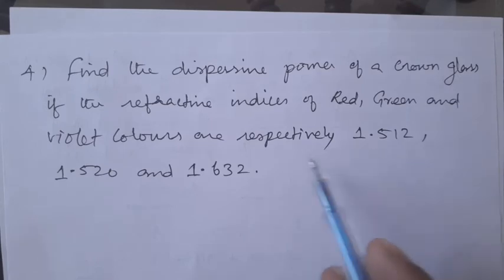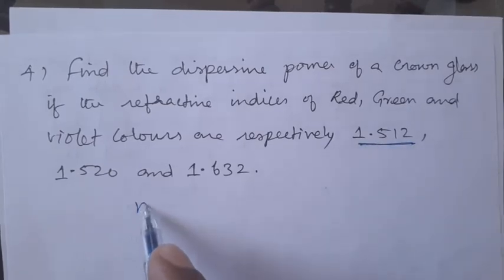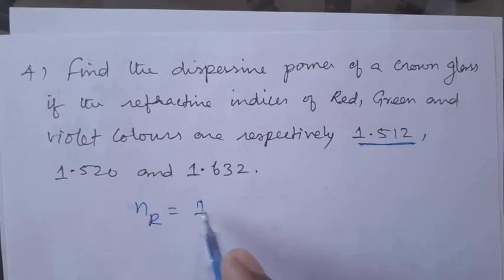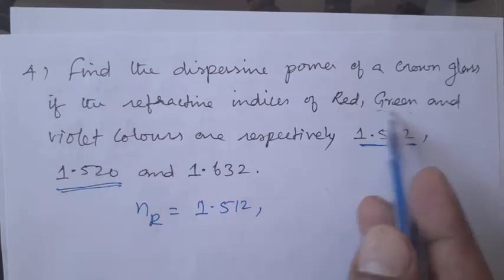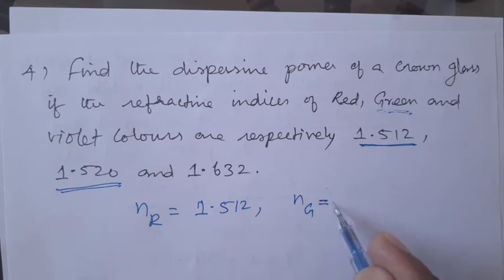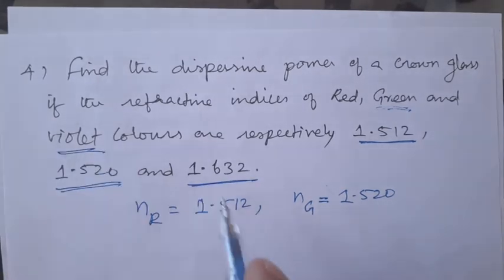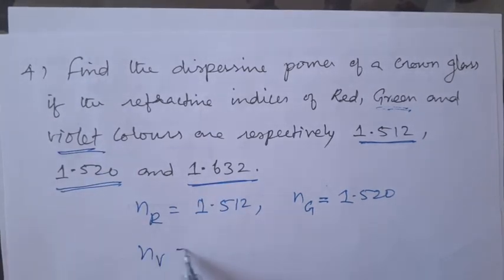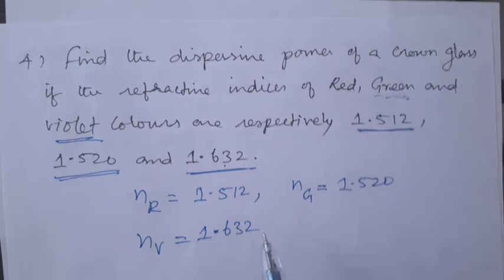That means the refractive index of red color is NR equal to 1.512, the second color is green, n of green, the mean color, is 1.520, and the refractive index of violet is 1.632 respectively.